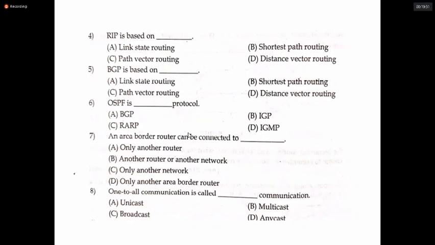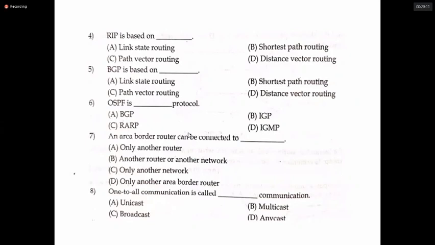D is IGMP, a protocol at the internet layer, so we are not making use of that. So OSPF should be an interior gateway protocol. It's IGP, not IGMP. IGMP is different.